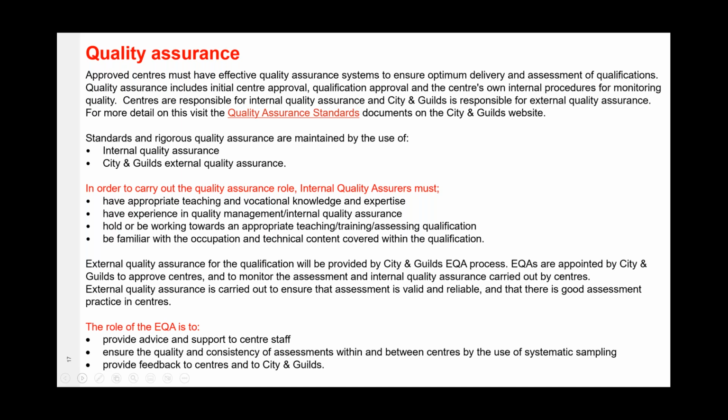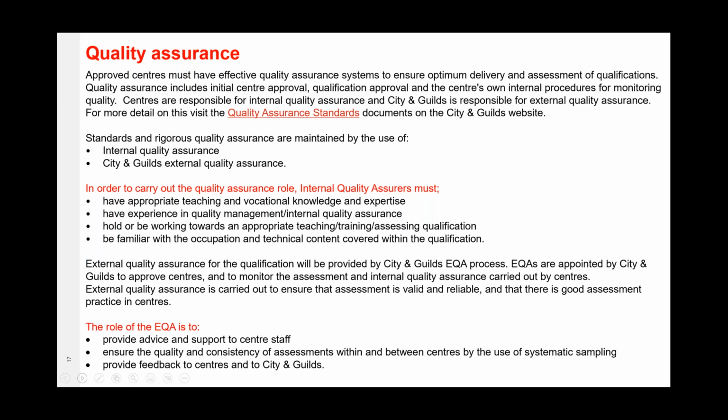And of course, there is an external quality assurance for this qualification, and that'll be provided by City and Guilds, us. That's our EQA processes. As a centre, you'd be appointed an EQA, and the EQA will monitor the assessment and internal quality assurance carried out by centres. That external quality assurance is carried out to ensure that the assessment is valid, reliable, and that there are good assessment practices seen.